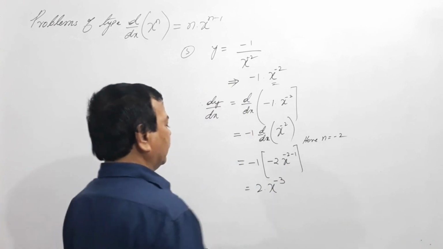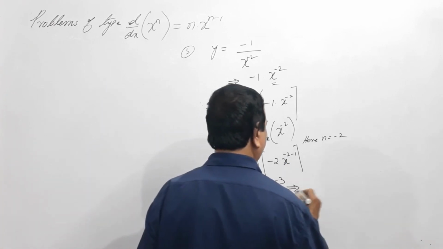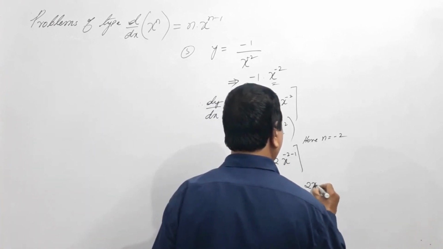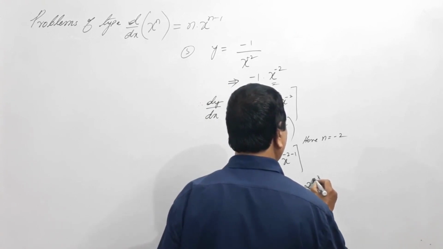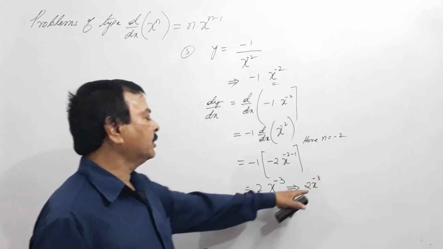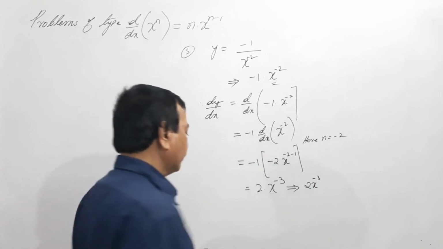So this is nothing but 2x to the power of minus 3. I will push this x to the denominator.